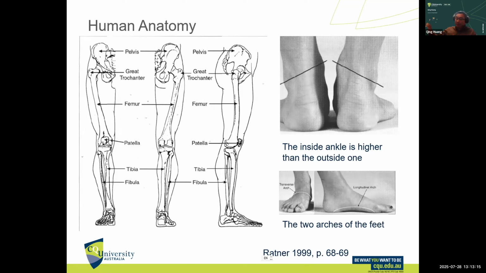That's the distinctive feature differentiating Homo sapiens from the chimpanzee. That slope alone is quite a distinct feature. And in your ankle, you have this slant as well. The inner ankle bone is higher than the outer ankle bone because of the fibula's bone structure.